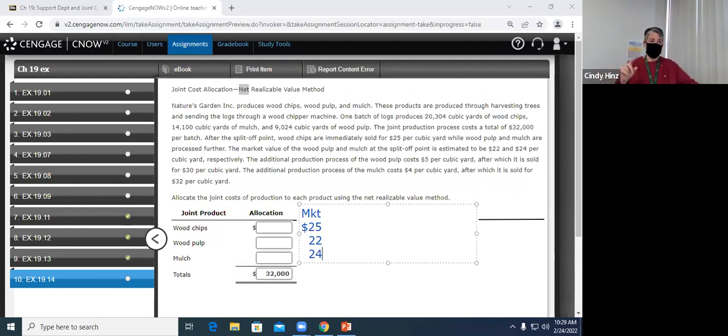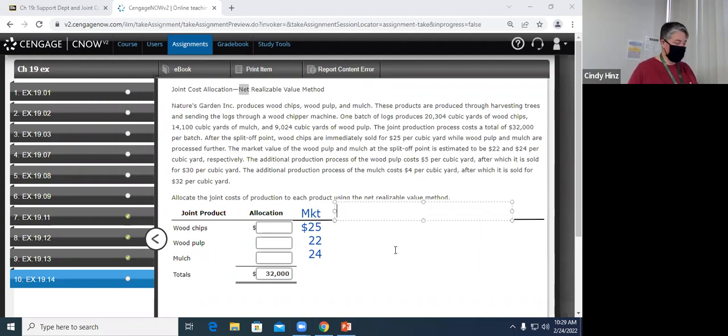My assumption is they've gone beyond being able to be sold as wood chips, that they're too small to be considered wood chips. So we're going to make them into something else so that we can still sell them, so they're not a byproduct per se. So there's our market value at split off.